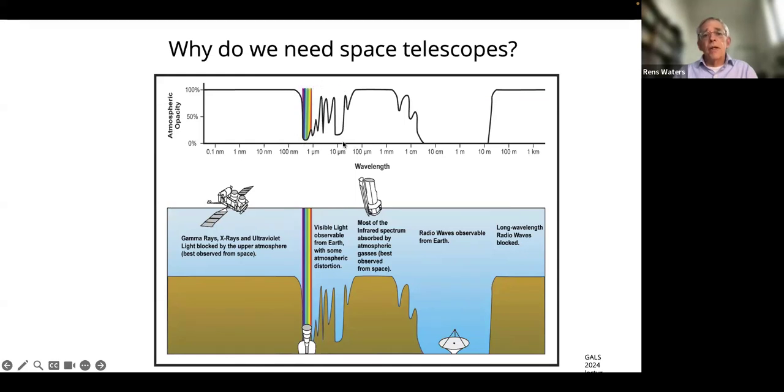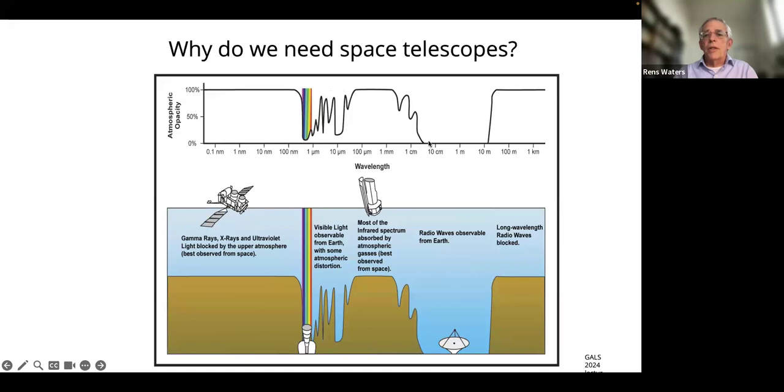And then in the infrared, it's sort of okay, but not great. You can see that there are many different absorption regions, because of obviously the molecules in the Earth's atmosphere like water and CO2, which makes it basically hopeless again in the far infrared and the millimeter.